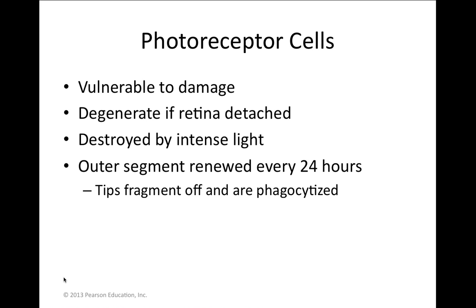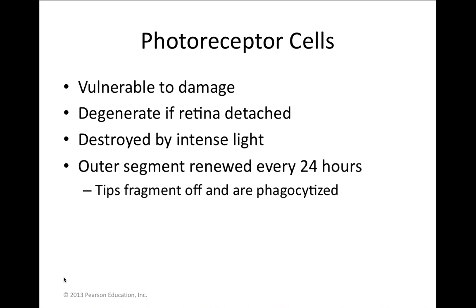There is degeneration if the retina is detached, and that can be from a loss of intraocular pressure, loss of vascularity to the choroid region, and there are several other options as well. But it's also destroyed by intense light, so you don't stare directly at intense lights for long periods of time because that can damage your photoreceptor cells.